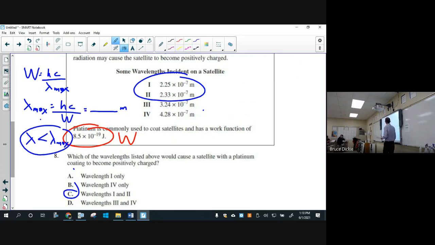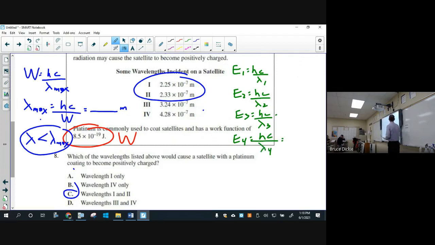The other way is to say, look, I could calculate the energy of all of these. I don't know what each of them are. Calculate the energy of all of them. And we need our energy to be above the work function.